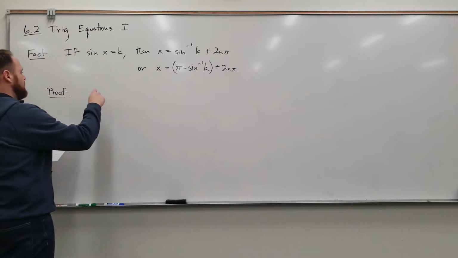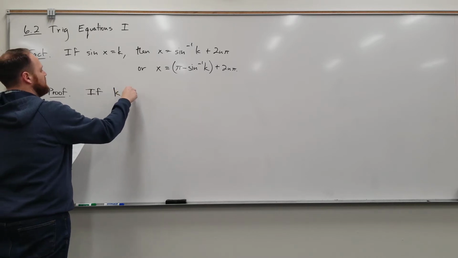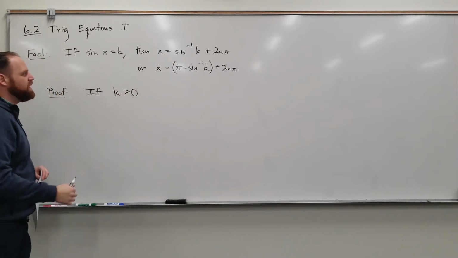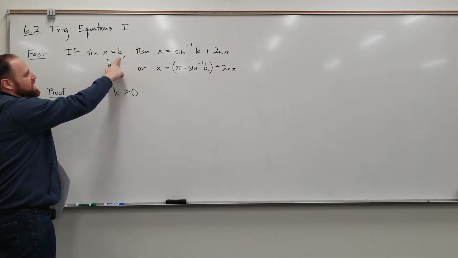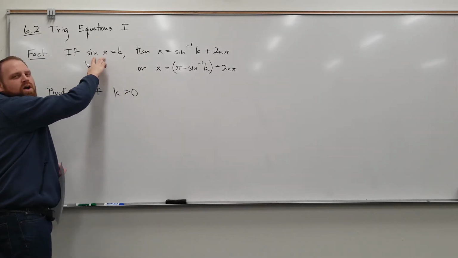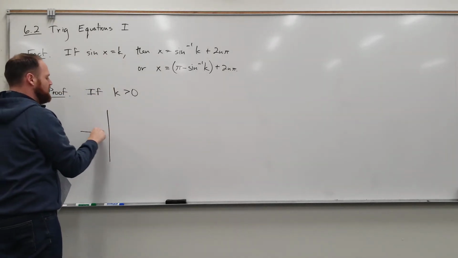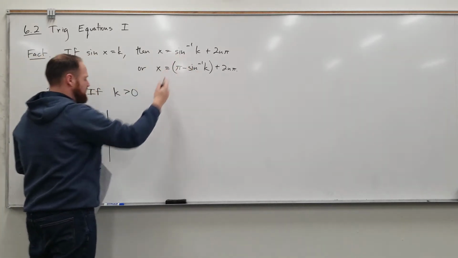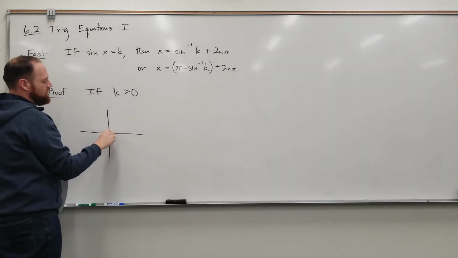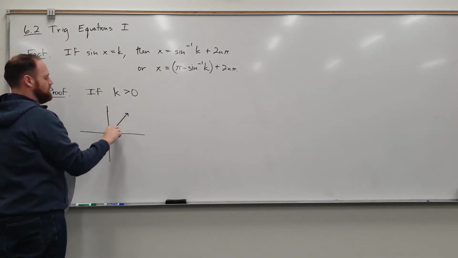So if k is a positive number and sine x equals k, then that must mean that x is in quadrant 1 or quadrant 2, right? Because that's where sine is positive. And if you're looking at x equals sine inverse of k, that would put you in quadrant 1, right?